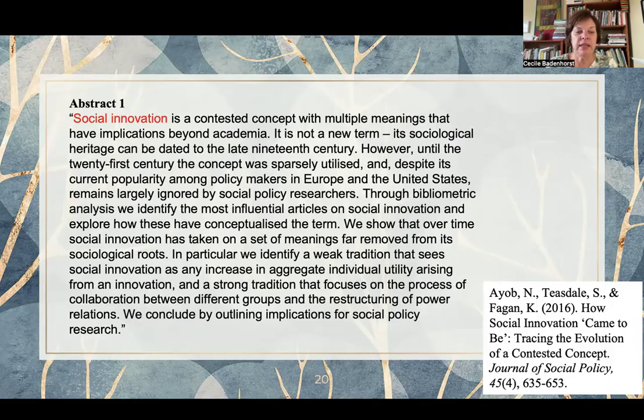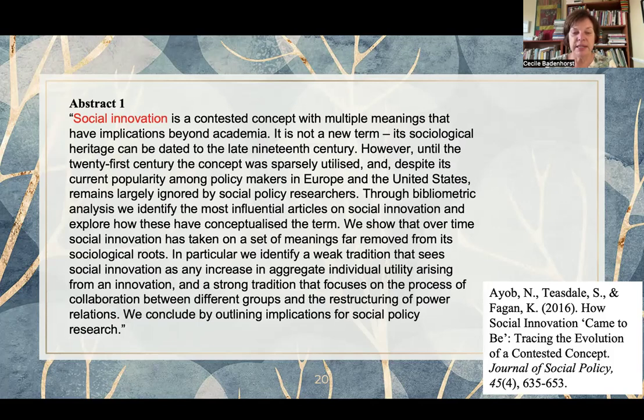Through bibliometric analysis, we identify the most influential articles on social innovation and explore how these have conceptualized the term. We show that over time, social innovation has taken on a set of meanings far removed from its sociological roots.